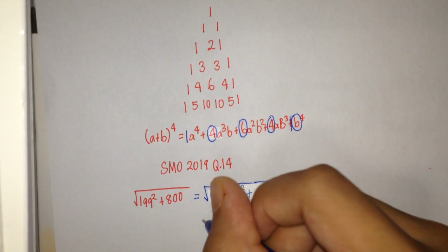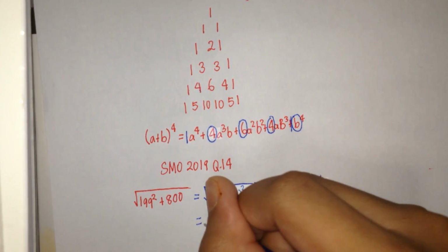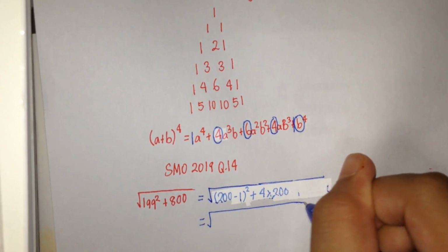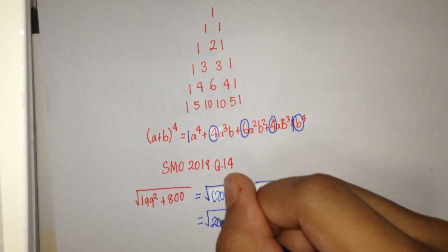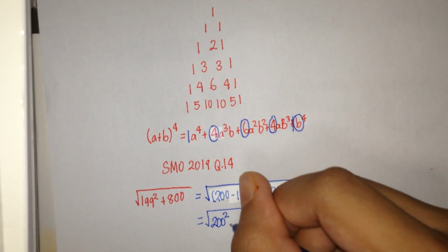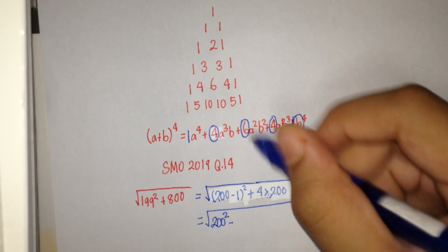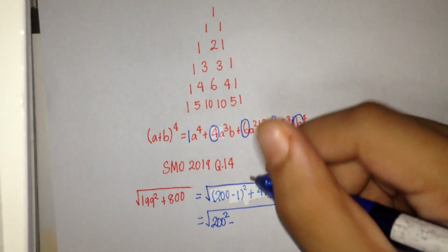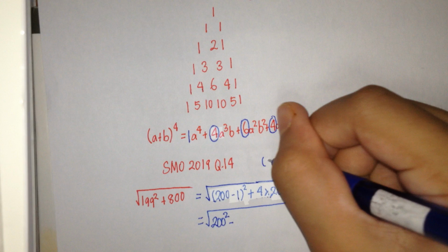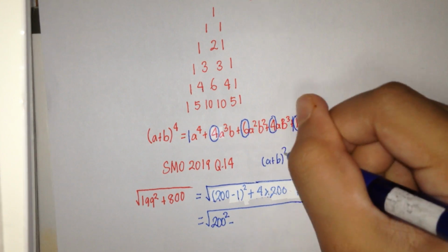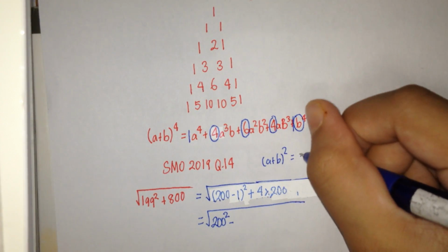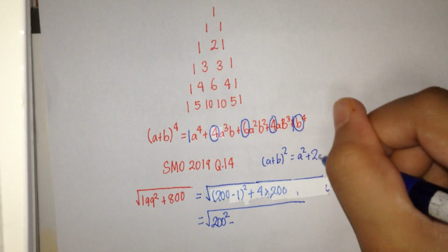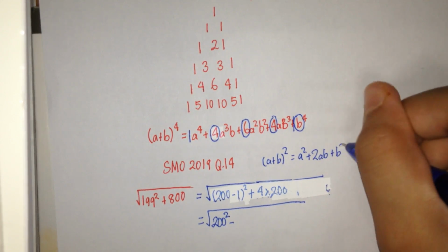Now, this would be equal to root 200 square minus, now it is 2ab. Now, a plus b to the power of 2 is equal a square plus 2ab plus b square.